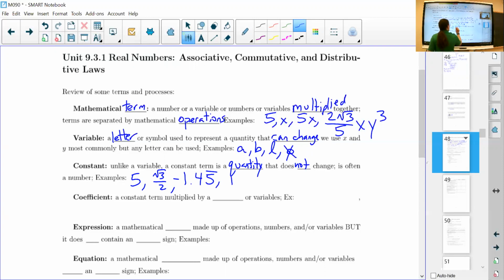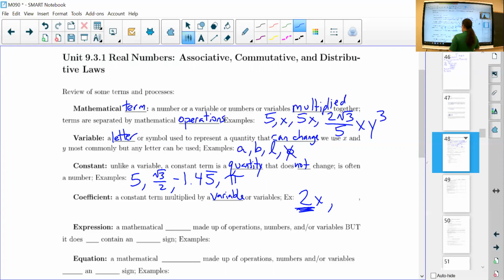We could also have something like pi, which we talked about previously. Pi is a constant, 3.14 dot dot dot. And then a coefficient is a constant term multiplied by a variable, or maybe multiple variables. So 2x, 2 is the coefficient.